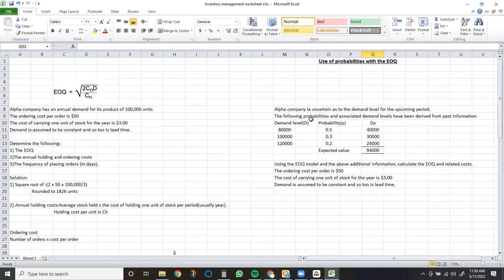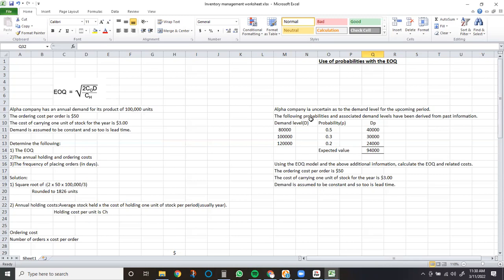Now, before we go further, if we need to use the EOQ, assuming, as in this question, you've been given the ordering cost per order and the carrying cost, what it means is that you now need to find the EOQ. And the question is, how do you go about finding the EOQ when you do not have a set demand?